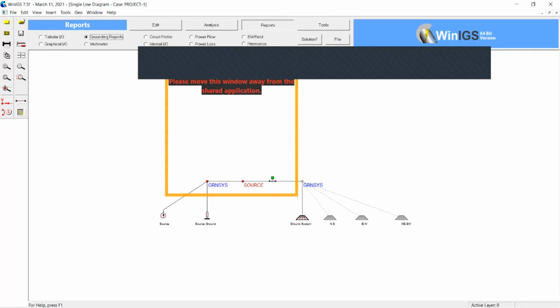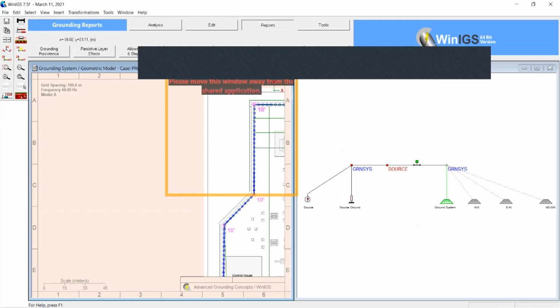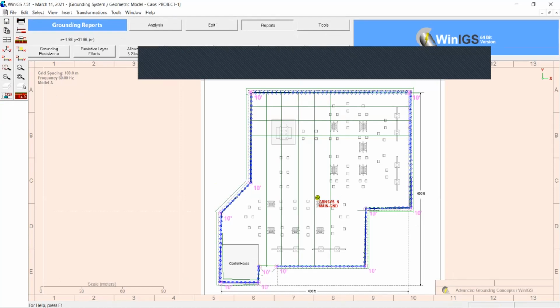Rachel, did you click on this grounding report button? Everyone, click on that button. And then click on your grounding system, this system. You will have these new windows. From here you can maximize. That's how I got here. So Rachel, you are asking me to do it again. I did it again. Are you there now? Okay, sounds good. Everyone, you should be here.